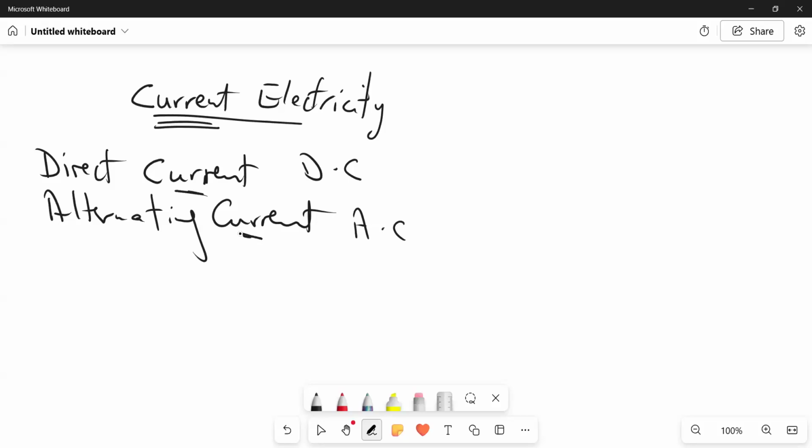So what do we mean by this word here, current? Well, basically, current is a flow of charges. It's a movement of charges, right? As a matter of fact, that's how they define current electricity.